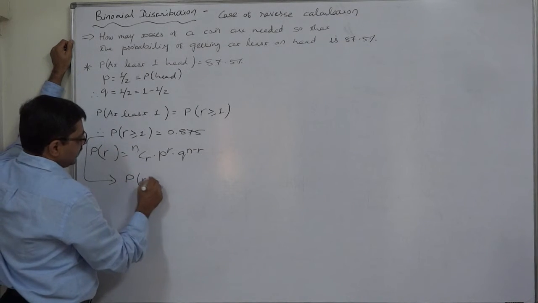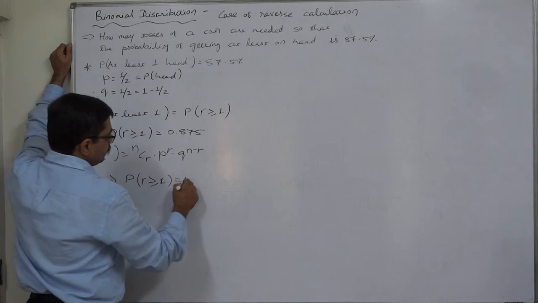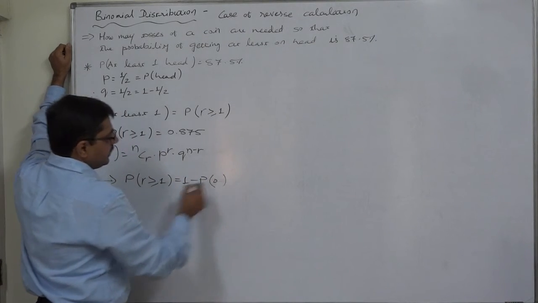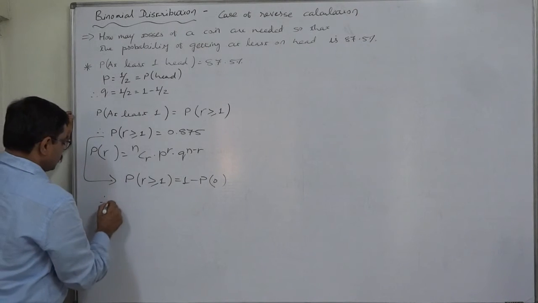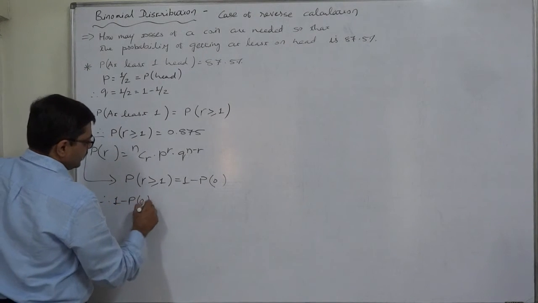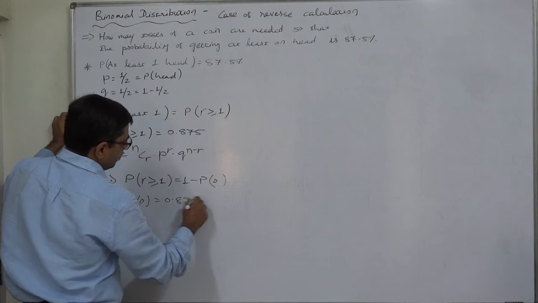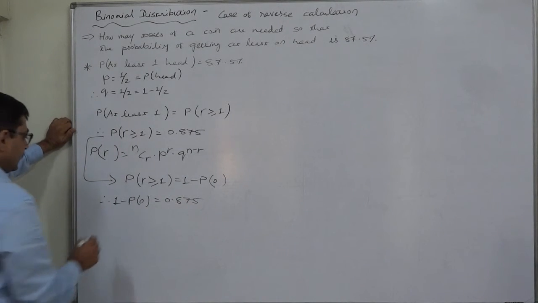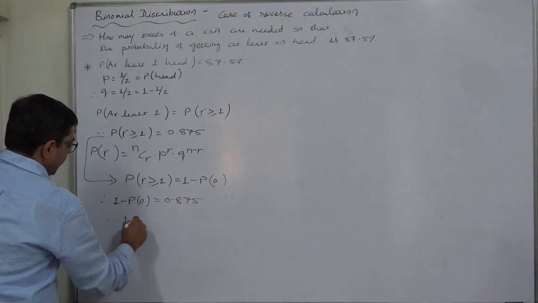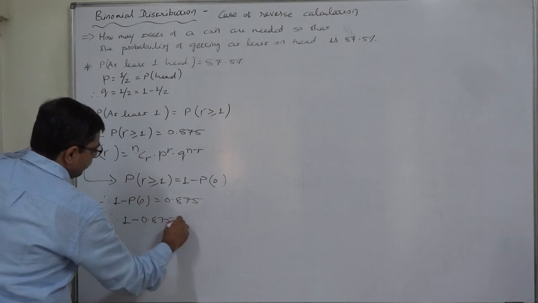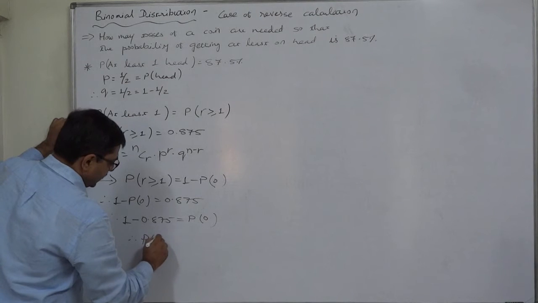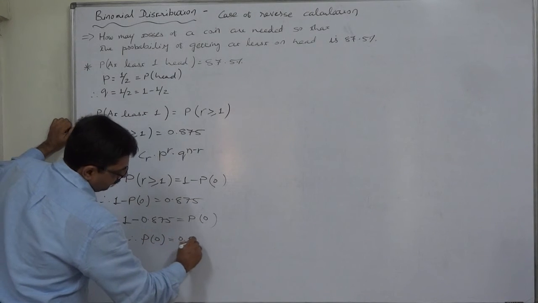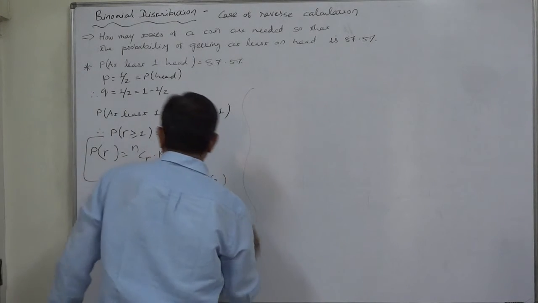P of R greater than or equal to 1 is equal to 1 minus P of none. P of at least 1 is always 1 minus P of none. So 1 minus P of none is 0.875. That means 1 minus 0.875 equals P of none, and therefore P of none equals 0.125. This is the key point.